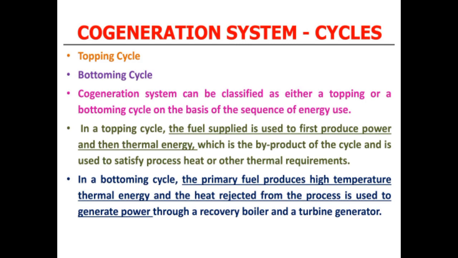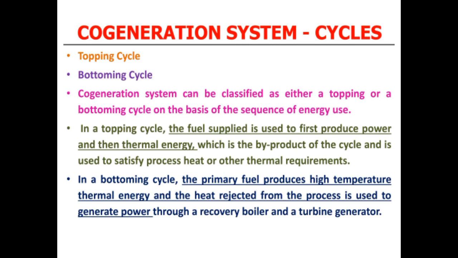So what are all the cycles available? Based on the cycle, the application of heating equipments we see in the next slide. Before that, we have to know what is topping cycle and what is bottoming cycle.